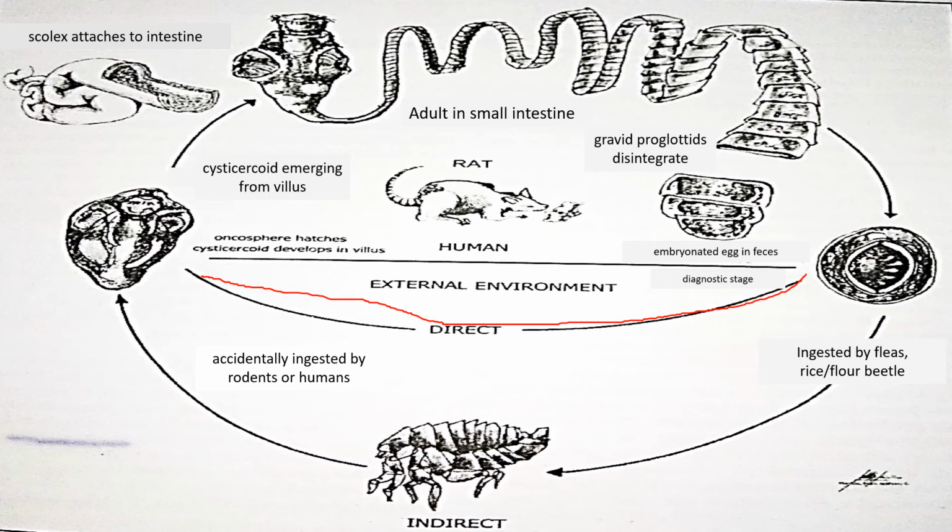So pwede siya indirectly, ma-acquire mo by ingesting accidentally this intermediate host. Other intermediate hosts, pwede rat fleas, such as Pulex irritans and Xenopsylla cheopis. So, again, we have the direct and indirect.